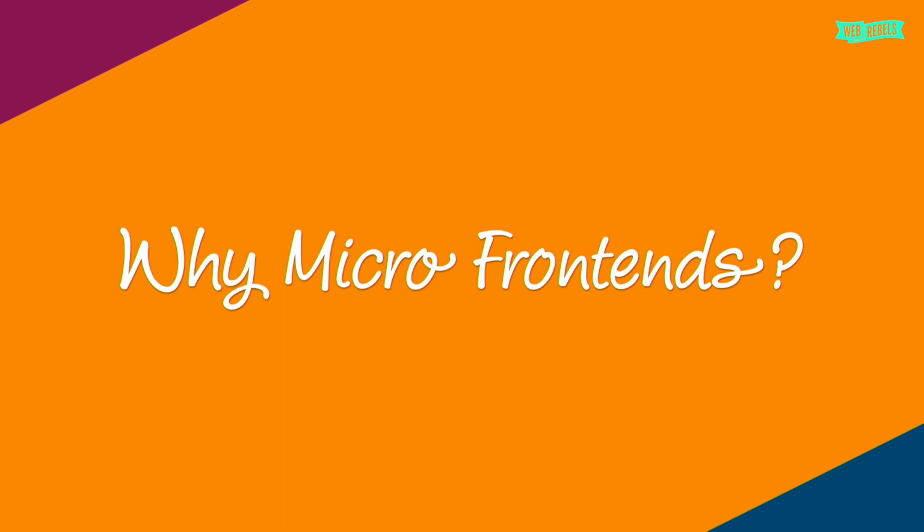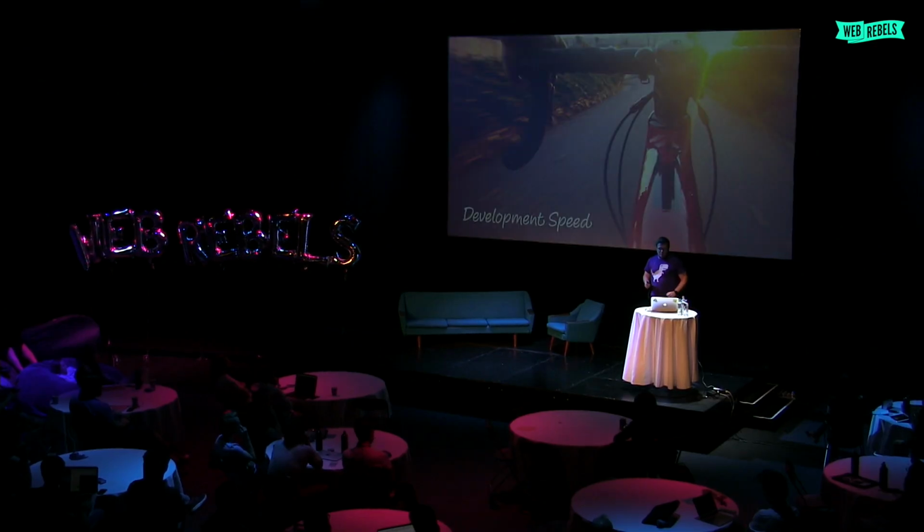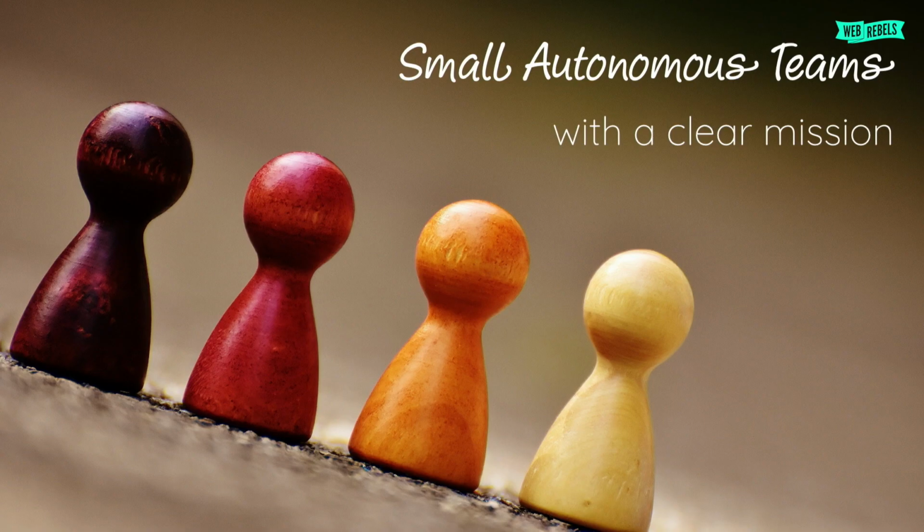Okay, so now why should I care? So I also mentioned a few hints on why this might be better, but I will go to a few more. Yes, the most important thing is development speed. So being able to react quickly, to develop features more quickly. And you achieve this with building smaller teams and small autonomous teams.